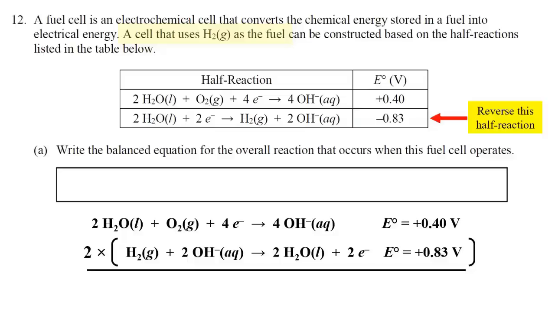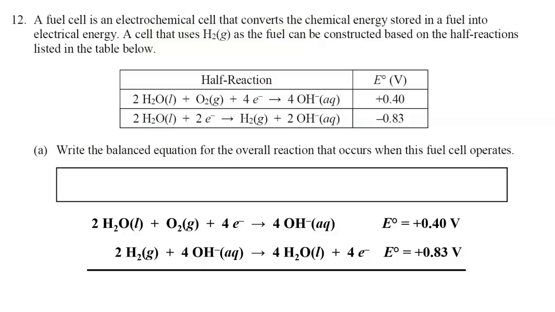So when I multiply the coefficients by 2, remember that we do not change the value of the cell potential by multiplying a half reaction by a constant. So I now will have coefficients of 2, 4, 4, and 4, but the cell potential remains as positive 0.83 volts.